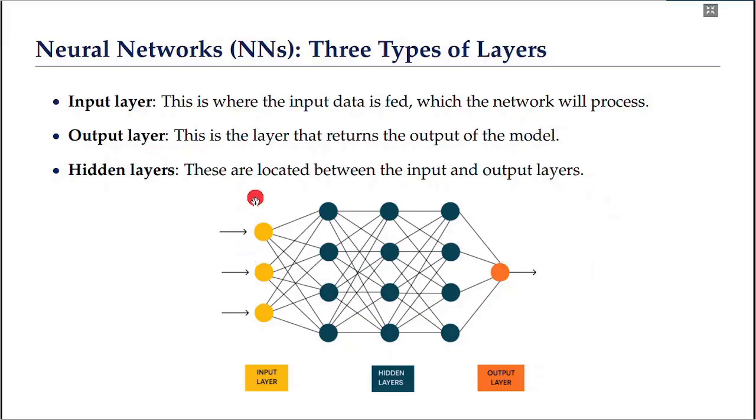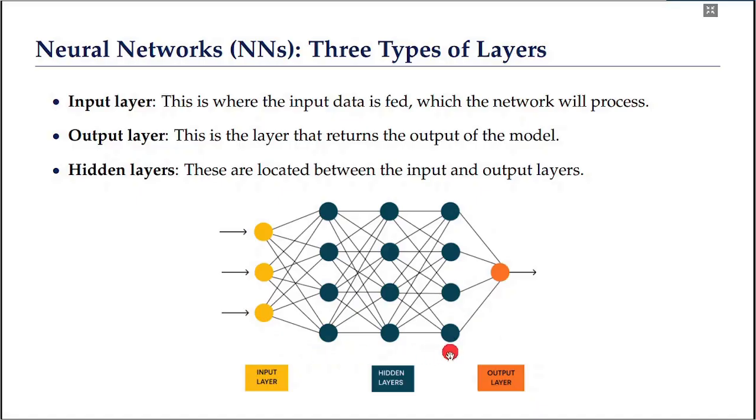So for example, here we have an input layer and an output layer. The first layer is an input layer, and the last layer is an output layer, and anything in between is called a hidden layer. Specifically here, the input layer has 3 nodes or 3 inputs, and the output layer has only 1 node.